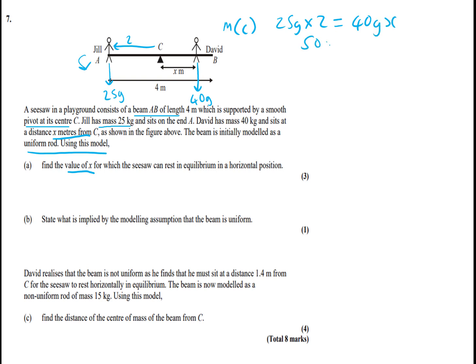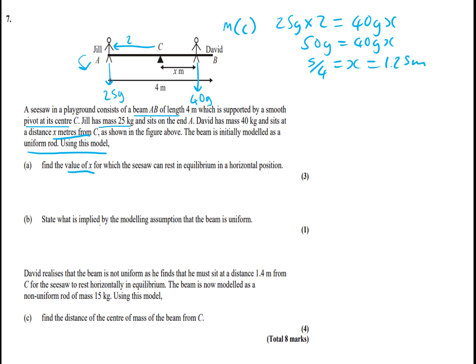So you're going to get 50g equals 40g times x. Divide out by 40g, which is going to give you 1.25, because you are going to get 5 over 4, equals x equals 1.25 meters. That's an easy 3 marks.